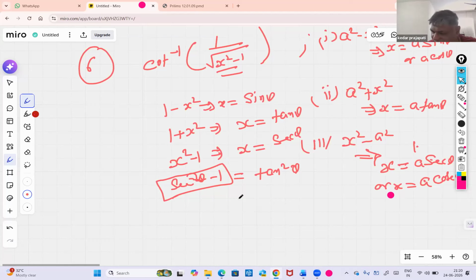So you're understanding in which direction we are going. Now we are going into a formula-based substitution. So the question is this one.